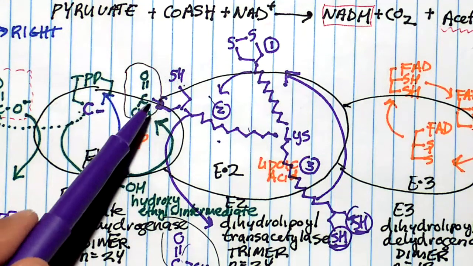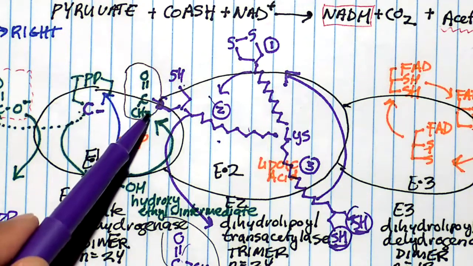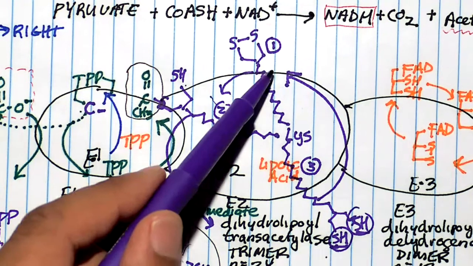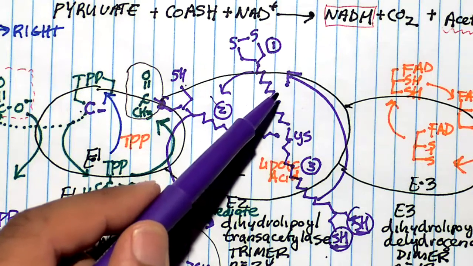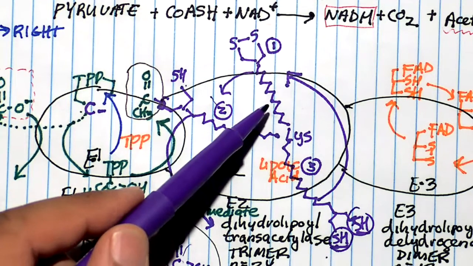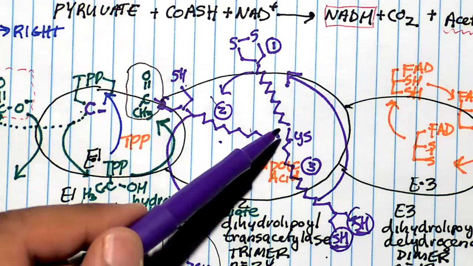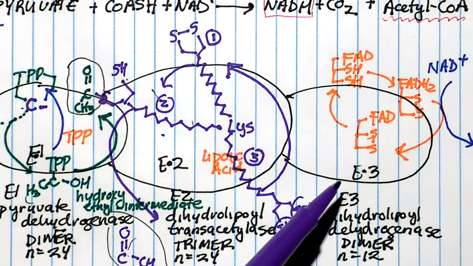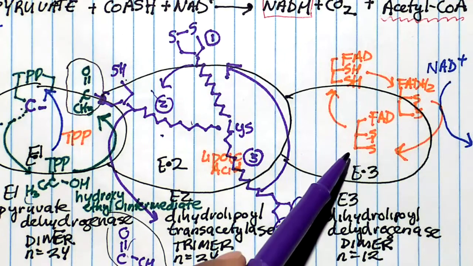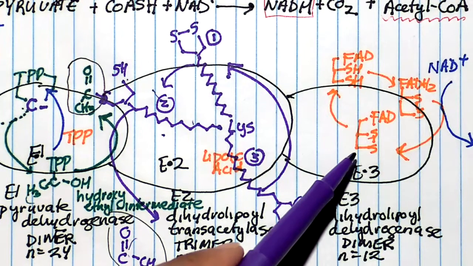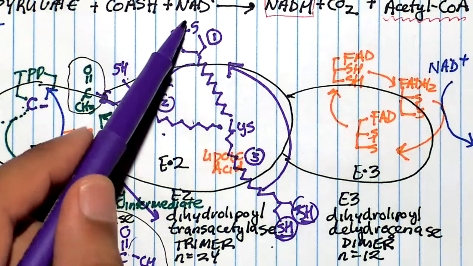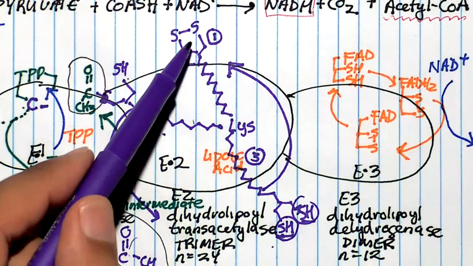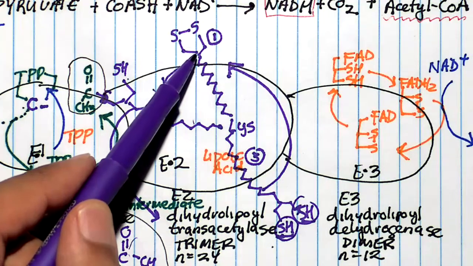We have 1 sulfhydryl carrying the acetyl group. Once the acetyl group is transferred, we have 2 sulfhydryls. How do we get back to the oxidized form of lipoic acid conjugated to the side chain of lysine? Well, those electrons are donated to the sulfhydryl group on enzyme E3, dihydrolipoyl dehydrogenase. So now we've regenerated the oxidized form of lipoic acid so that it can continue the process again, the E2 cycle.